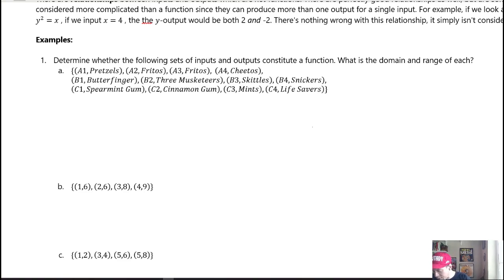And if I look through the rest of the list, we see A1 only outputs pretzels, A4 only outputs Cheetos, B1 only outputs Butterfingers, and I can continue looking through that list and realize that none of those inputs outputs more than one thing. And so we can consider this a function.